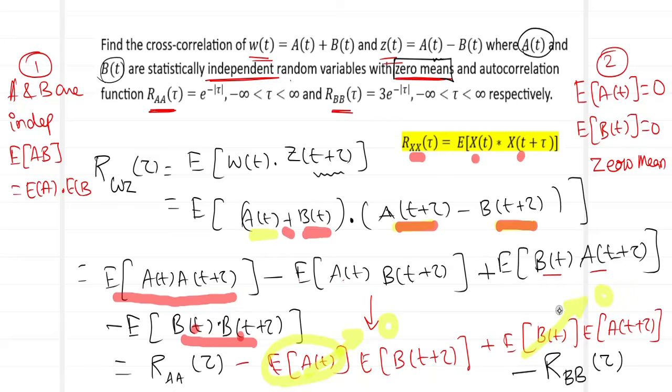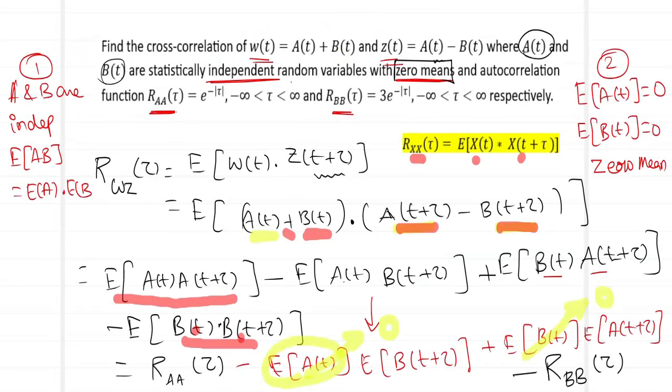So finally, what we are left with is just R AA of tau in front and R BB of tau at the back with a negative sign. Moving on to the next slide, the cross correlation R WZ of tau is equal to R AA of tau minus R BB of tau.